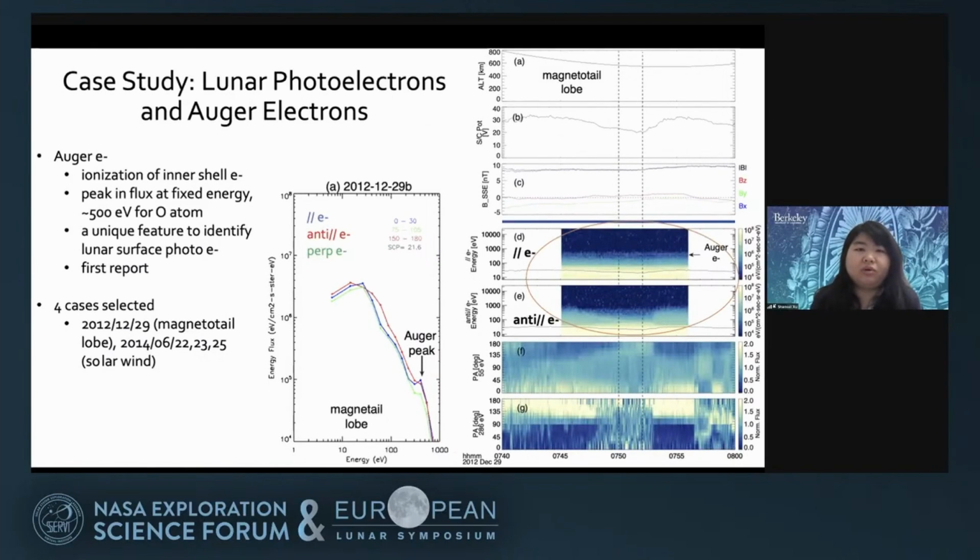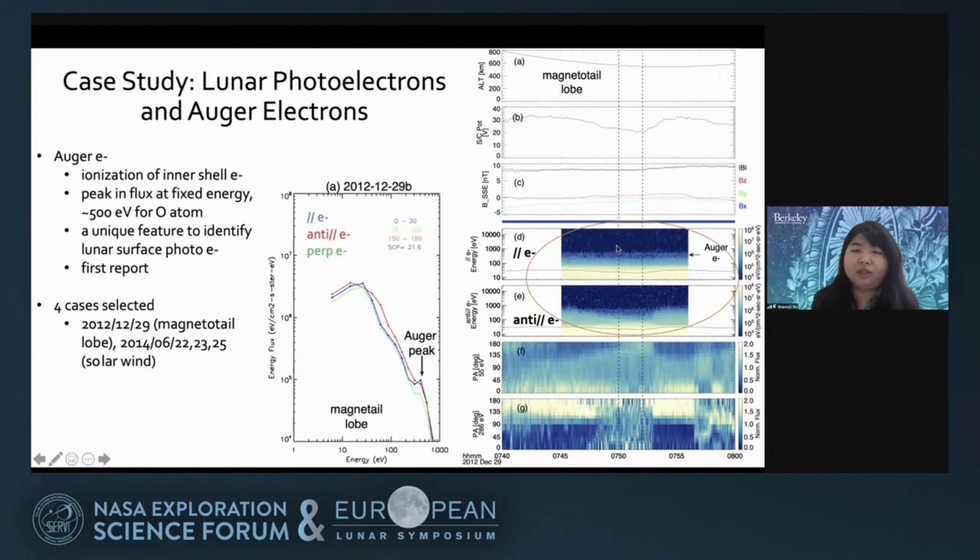So I will start with a case study of what the lunar photoelectrons look like, and especially we make the first report of Auger electrons. If you look to the right, this is an example. If we focus on these two panels, which are the energy spectra for parallel and anti-parallel electrons, especially for this one, we see a distinctive line at roughly 400 to 500 eV.